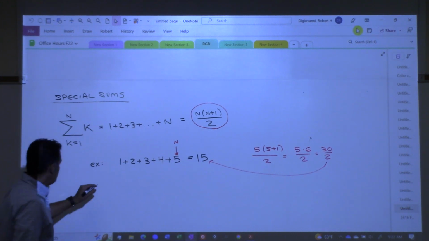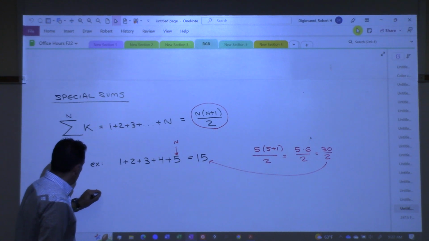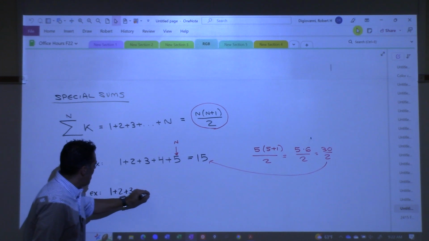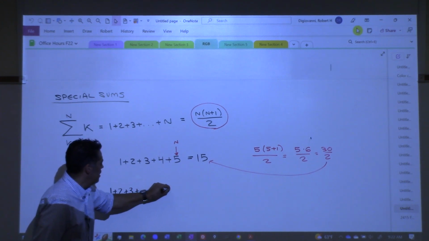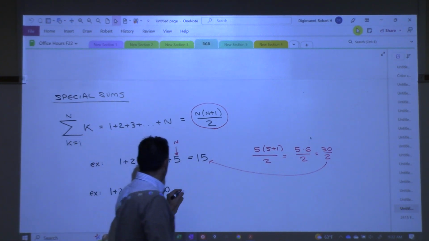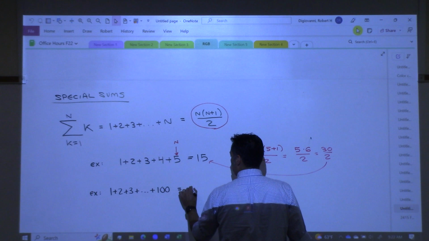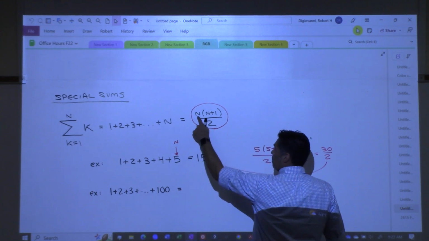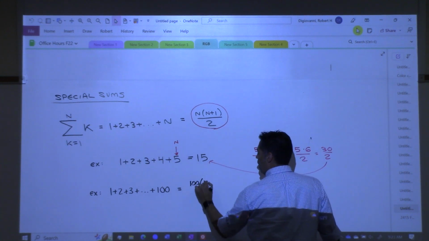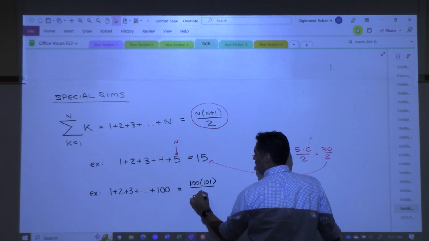Another example of this, if I asked you to add 1 plus 2 plus 3 and stop when you get to 100, right? We would not want to do that in our heads. We probably couldn't do that easily in our heads. We could probably get a calculator out and start pounding out that answer, right? But according to the formula, this should be equal to what? 100 times 100 plus 1, 101, all divided by 2.